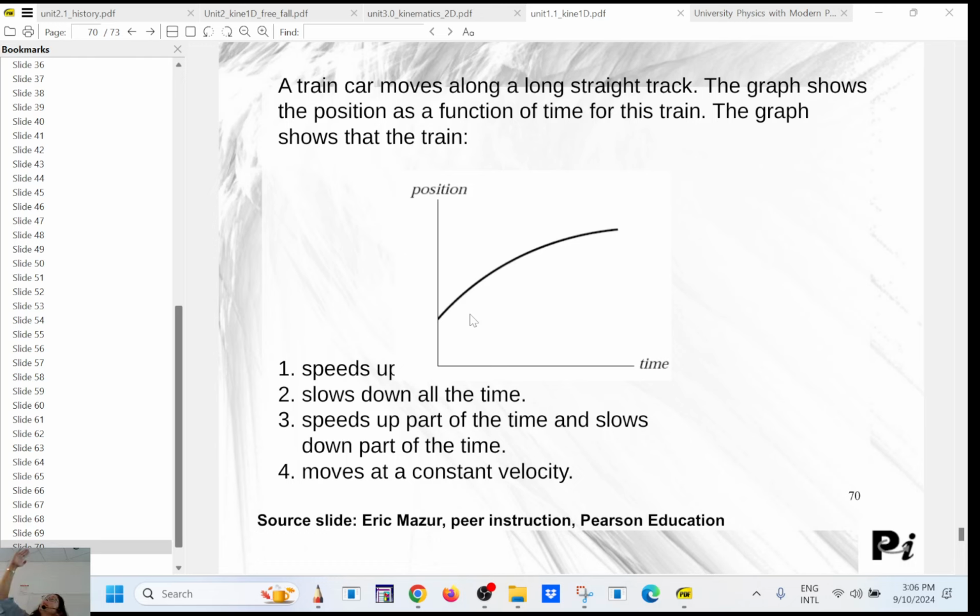So what's happening? Decrease, decrease, right? So what's the answer? Slow down. The car is slowing down at all times because you look at the steepness. Steepness of position versus time is the velocity. Okay?